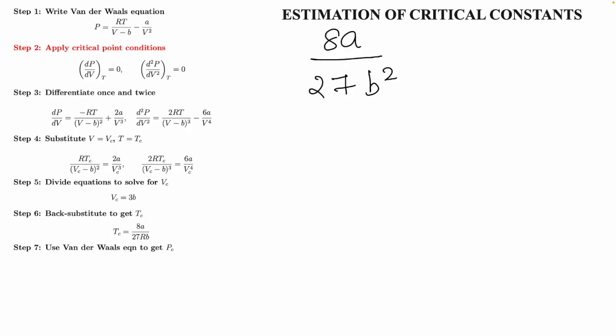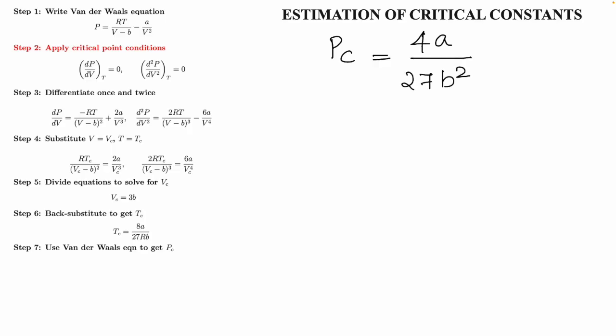This is Pc. So what we have is Pc is equal to 4A divided by 27B square minus A by 9B square.